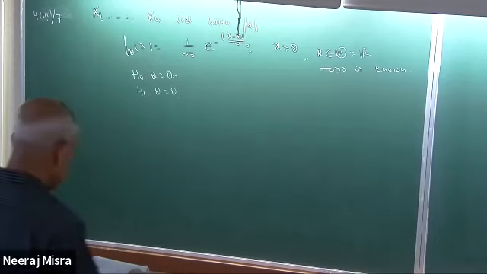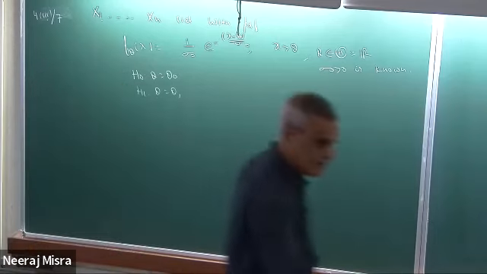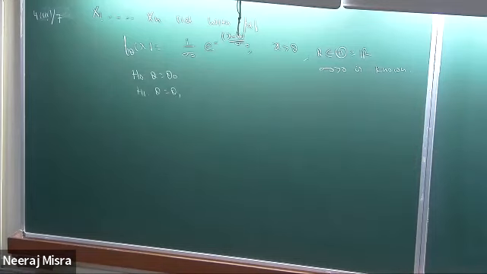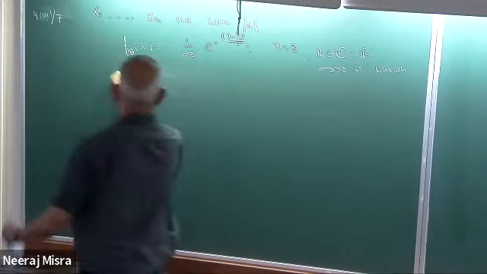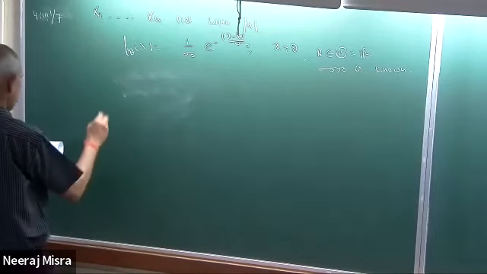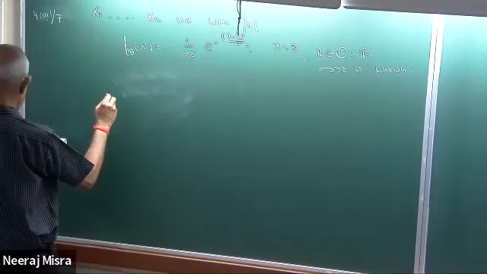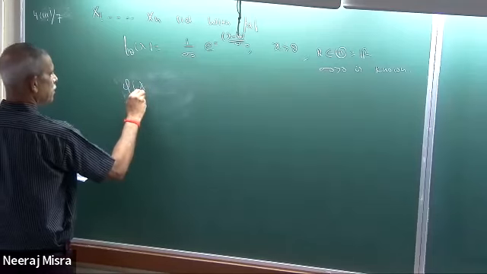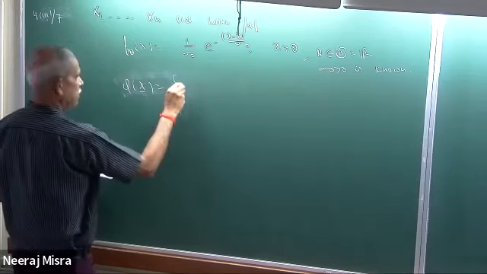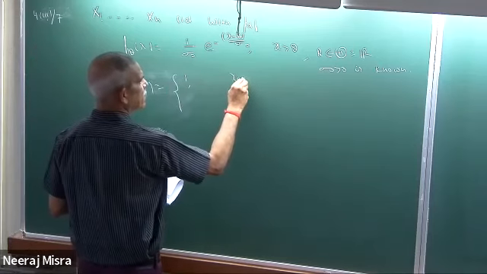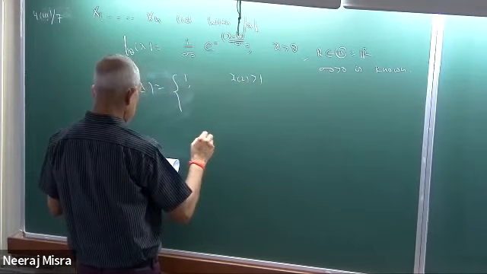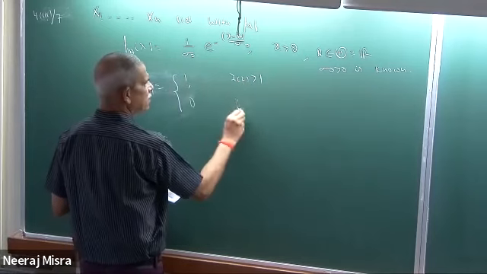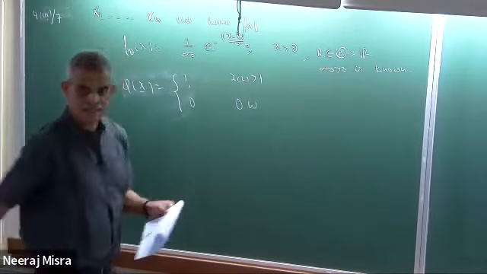Whatever null hypothesis is there, here you don't need a null hypothesis, or rather you are given a test. Your phi x is 1 if X2 is greater than 1 and 0 otherwise, right?